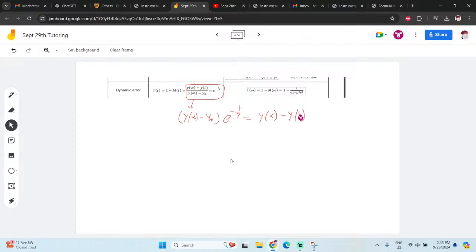So basically y of t equals y infinite minus y infinite times e to the power of minus t over tau plus y0 times e to the power of minus t over tau. Something like that, right? I was using the 1 minus this part because I know this is 0.25.